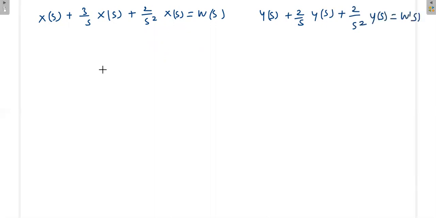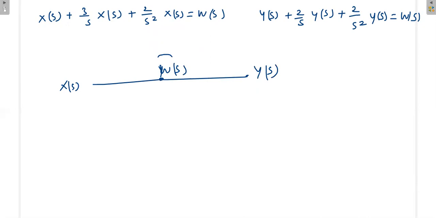If you remember, we start with X(s), then in the middle we get W(s), and in the end we get Y(s). That means the first equation we have to get W(s) from X(s), but in the second equation we have to get Y(s) from W(s). So this equation is okay, but this we have to modify because we have to get Y(s) from W(s) as well as with the feedback from Y(s).